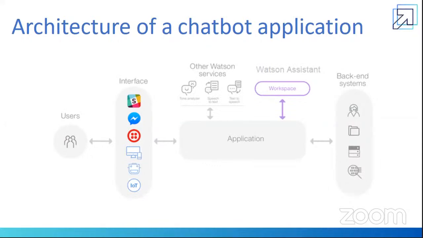For example, if you want to search for information in public or private databases, or if you want to integrate your bot with Weather Underground to fetch the weather report, then these backend systems will be integrated with the help of APIs. So this is how your Watson Assistant works. And there are some key terms that you have to know while building a Watson Assistant. I'll explain all those terms when we start doing the practicals.